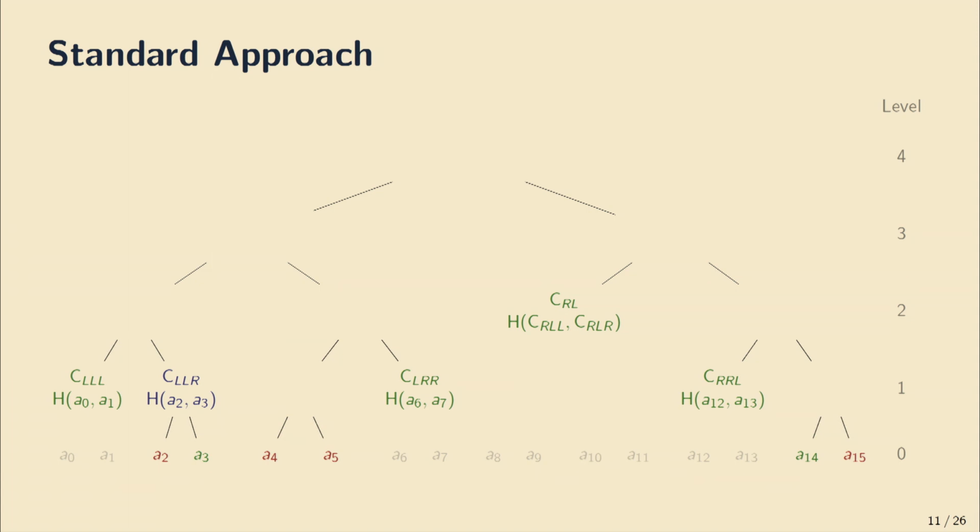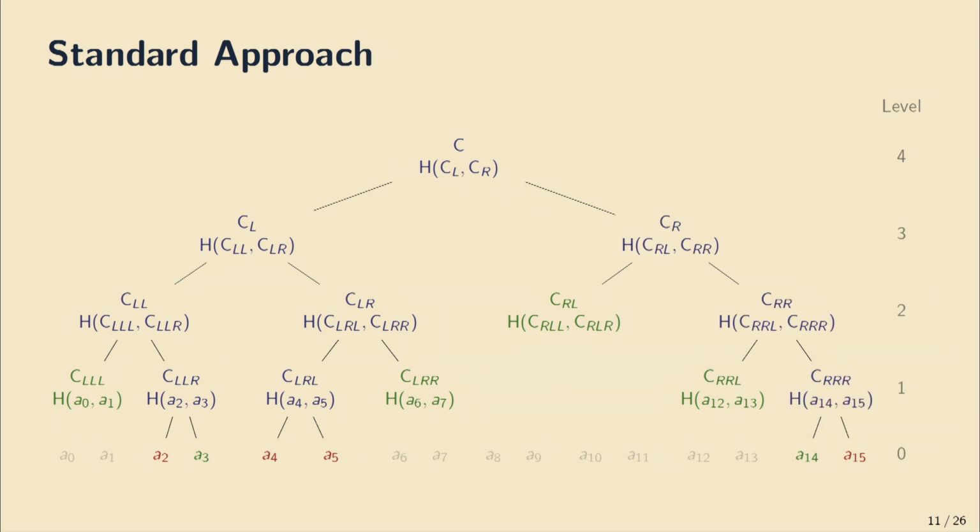So for example, you verify the membership proof for A2, then for A4 and A5, and then the membership proof for A15. If all these membership proofs verify, then you accept the inefficient batch proof, otherwise you say no.